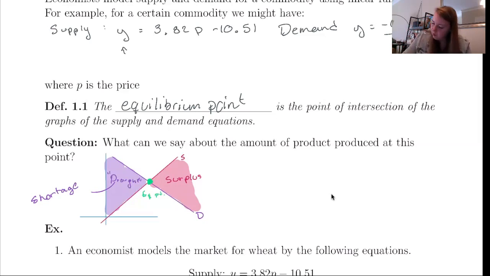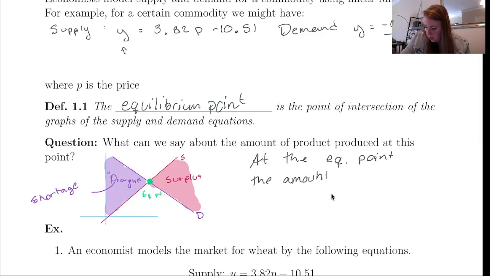Okay, what can we say about the amount of product produced at this point? So, at the equilibrium point, the amount of supply equals the amount demanded.